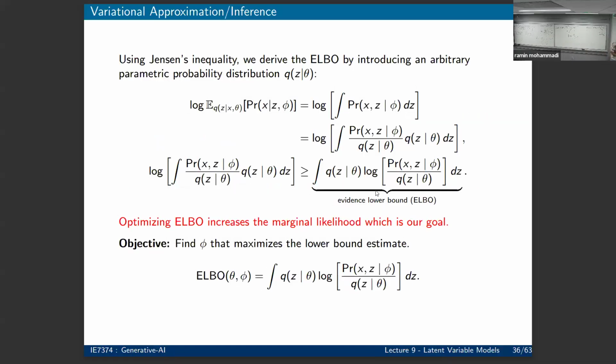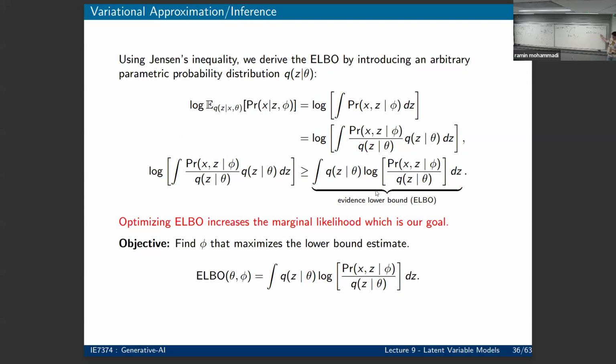So now let's go back to the Jensen inequality. The first term on top is the probability of X after introducing the log. Technically, we have the log of the summation of the probability of X, Z, and whatever the parameters are.